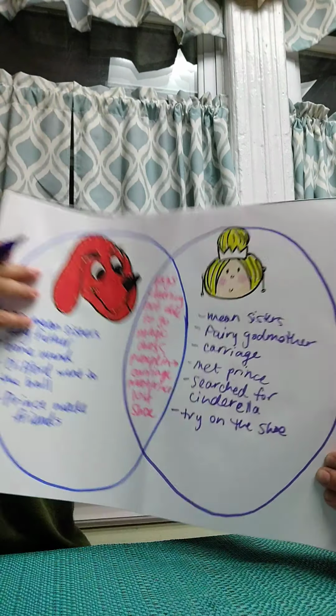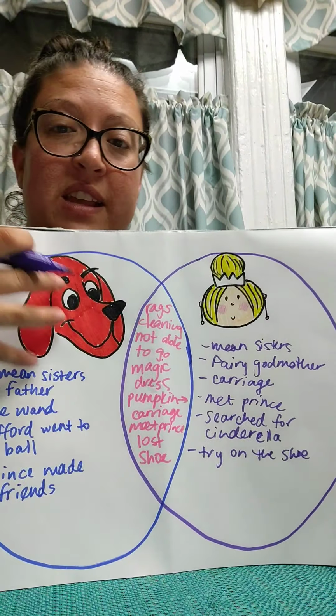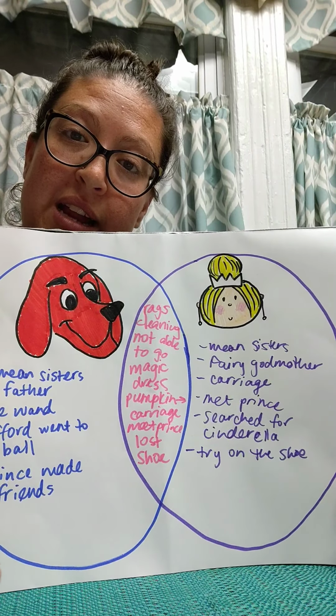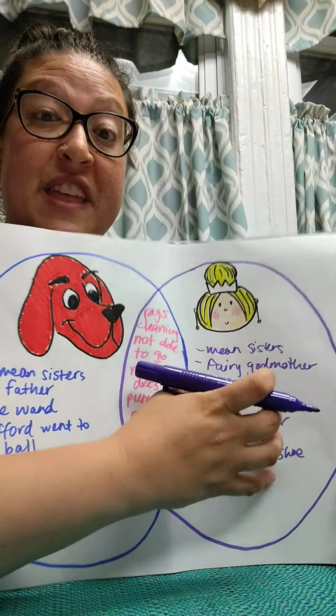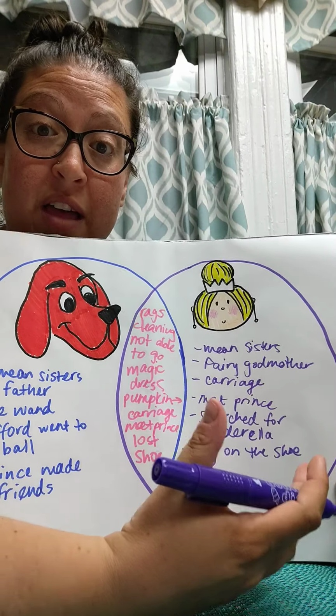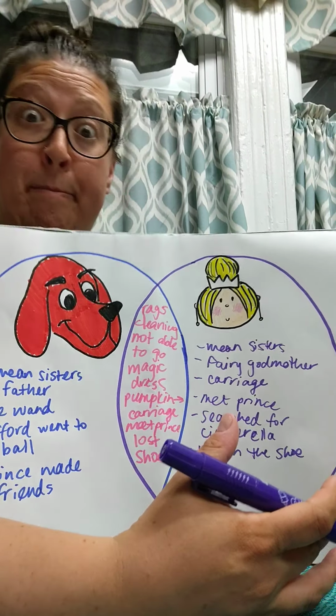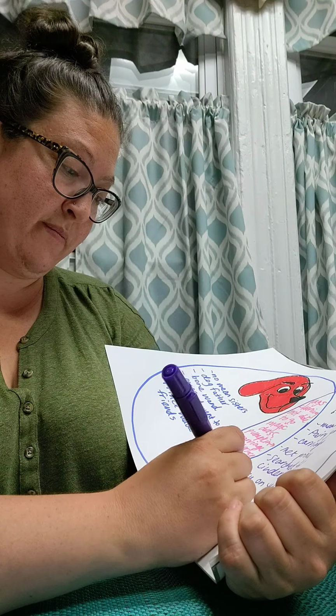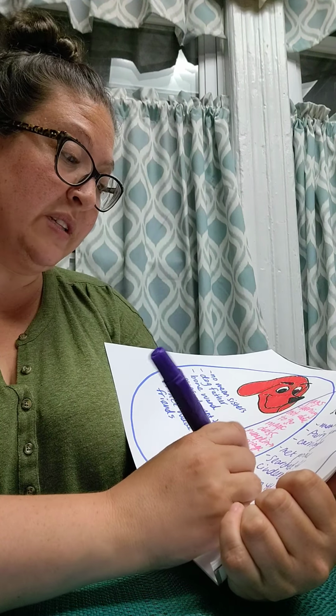And what happened at the very end? In this story, they were so happy and they decided they were all friends. In this story, Cinderella and the prince got married. So that was very different.